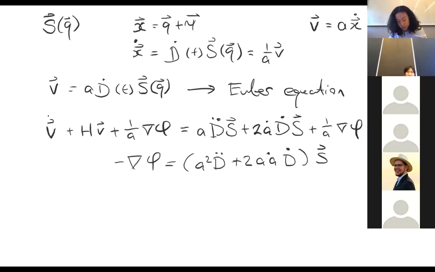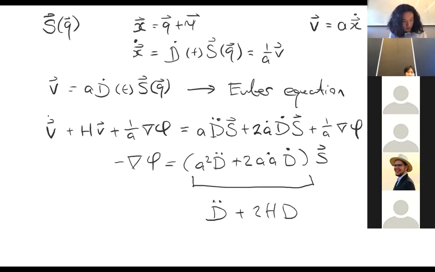Oh yeah, sorry. So this part, if you compare this to the growth equation we had before, which was D double dot plus 2HD dot is equal to 4 pi G rho bar on D, so this is essentially this, if you rewrite the H as A dot on A. So we can substitute this right-hand side into there.